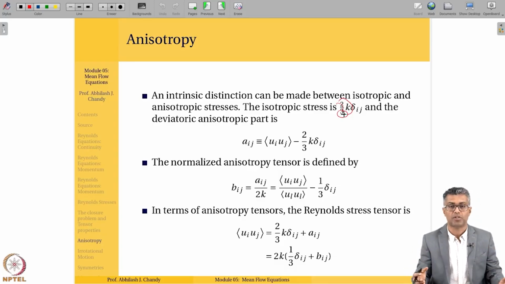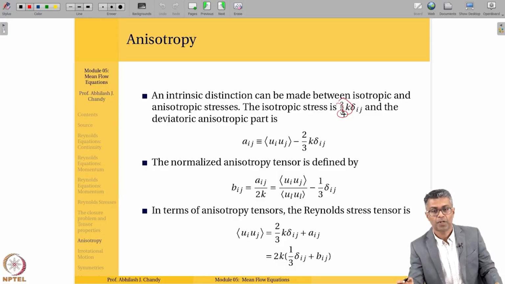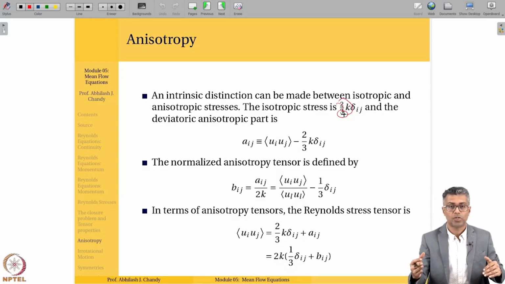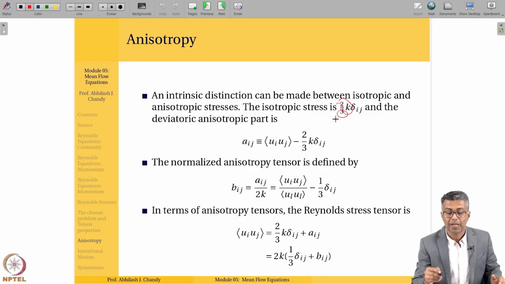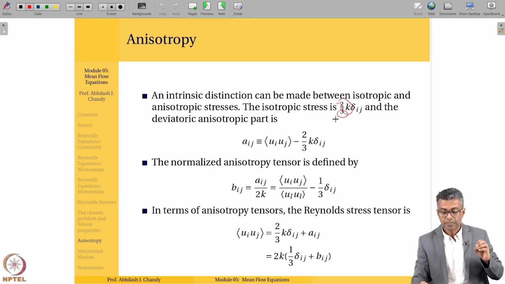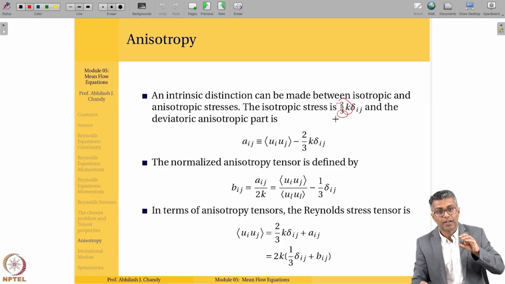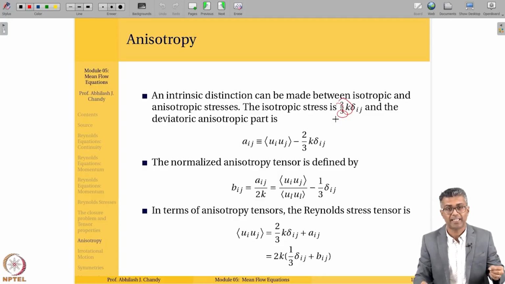So that will be the shear stress or the tangential stress. So you have the normal stress and the tangential stress. So isotropic is the diagonal component and anisotropic is the off-diagonal component. Now here I am expressing it in terms of kinetic energy just so that I can remove the velocity and express it as a scalar, 2/3 K delta ij.